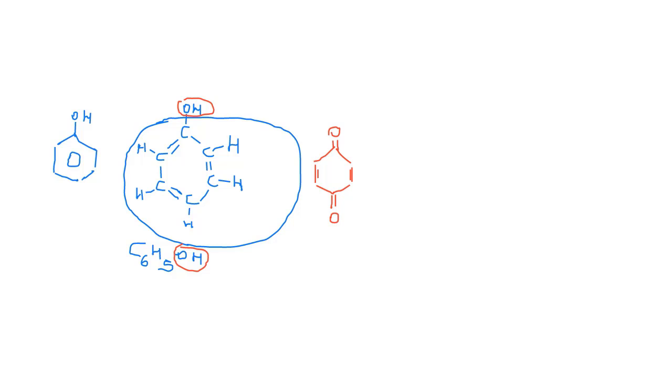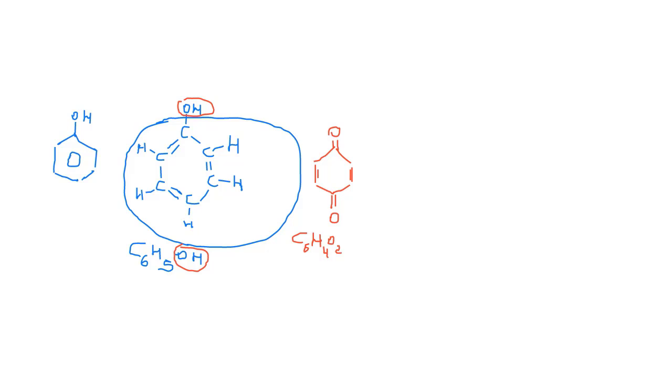Very good. So they will ask you for the condensed formula. You can even write benzoquinone, but you can also say carbon 6, hydrogen 4, oxygen 2. This is the product of oxidation, one of the products of oxidation of the phenol.